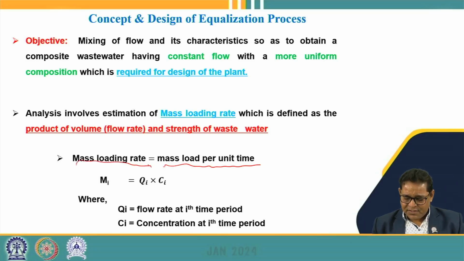It can be obtained by the formula Mi equals Qi into Ci, where Qi is the flow rate at the ith time and Ci is the constituent concentration at the ith time. If you see, this mass loading rate varies from time to time.